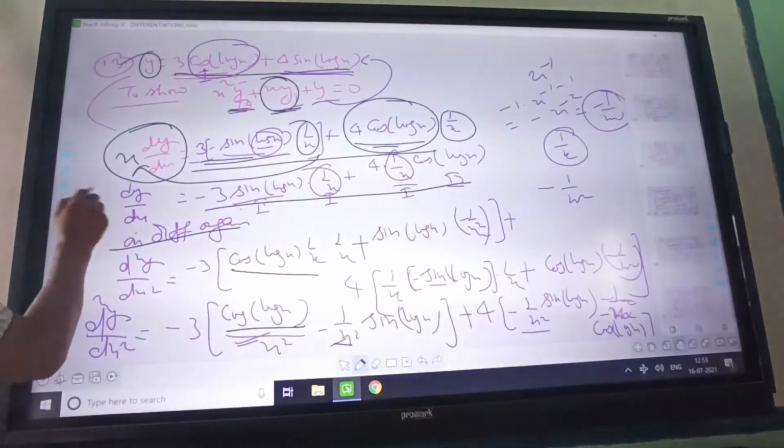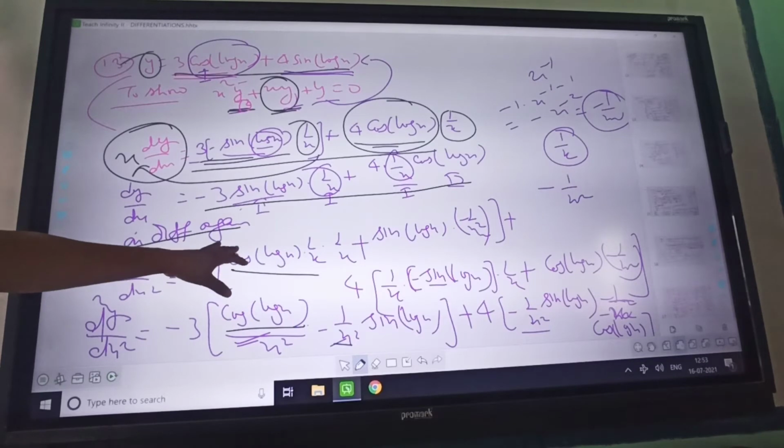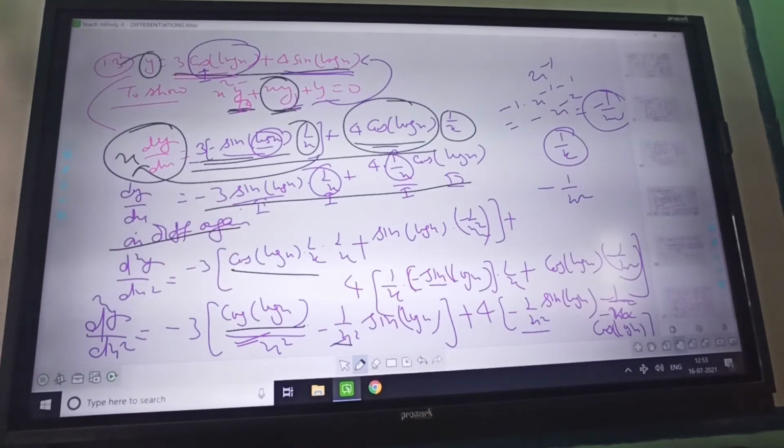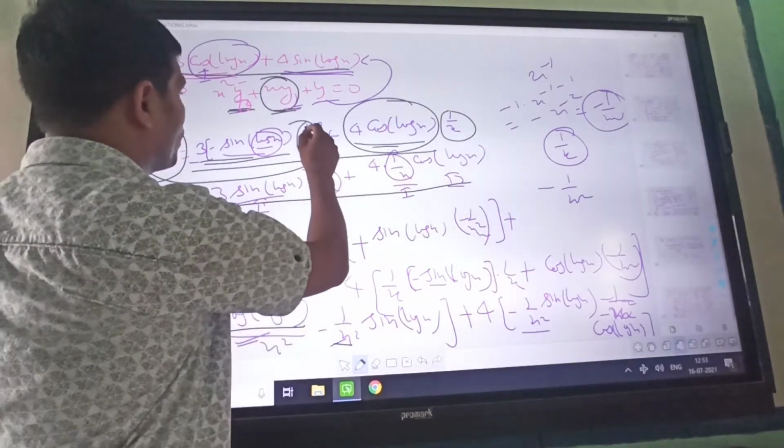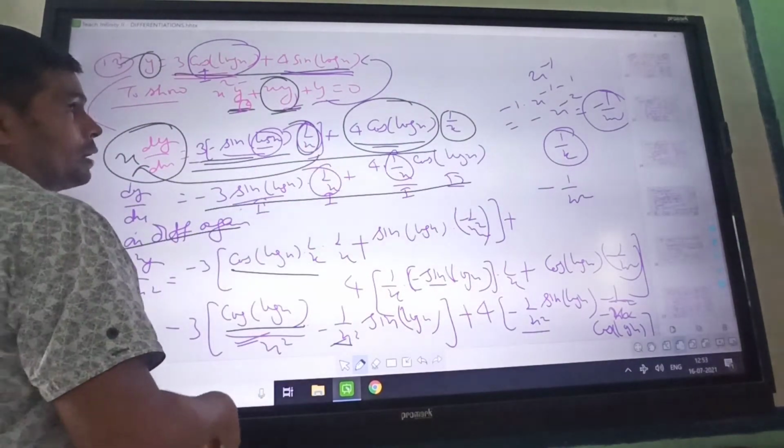This x may be shifted to this side, but I am not shifting it because I want to explain you something. I want to explain the derivative of 1 upon x.